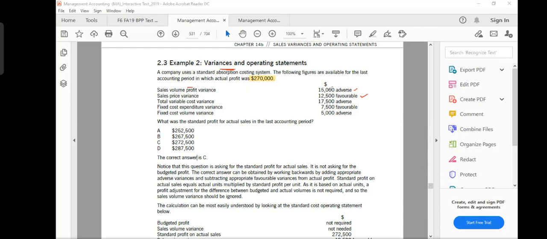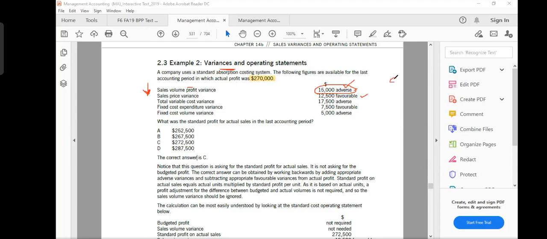What does that mean? It means that the $15,000 you earned less was a result of selling fewer goods. The quantity, the volume, was less. When it says adverse, it means that you sold fewer units. And then you multiply it with profit.